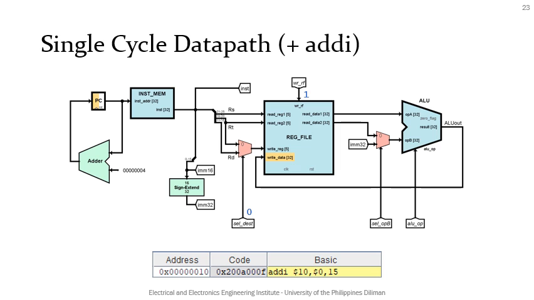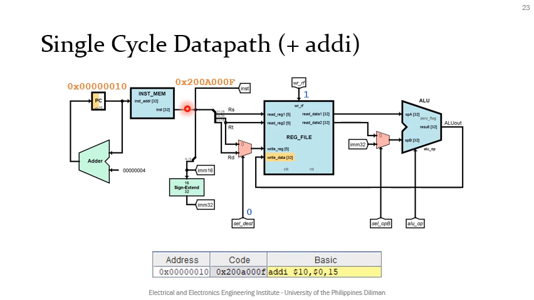Let's inspect how the signals will propagate in the data path for a specific add-I instruction. We assume that the PC starts with the value of 0x10 or 16 in decimal, which is then fed to the instruction memory and will allow the add-I instruction encoded as 200A000F to be fetched after some delay.